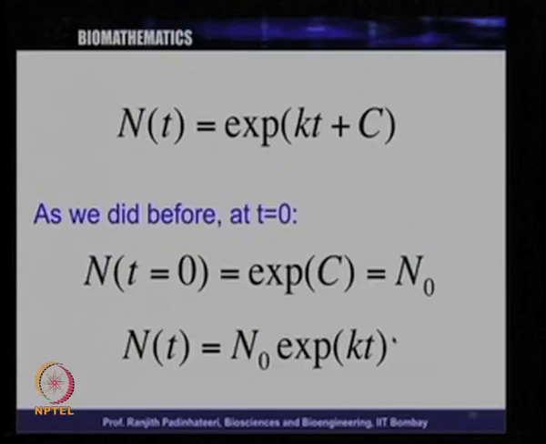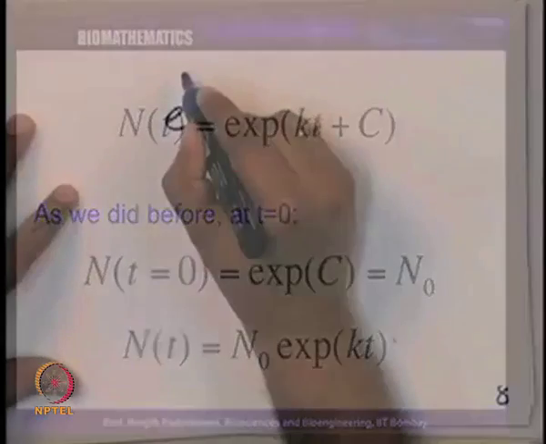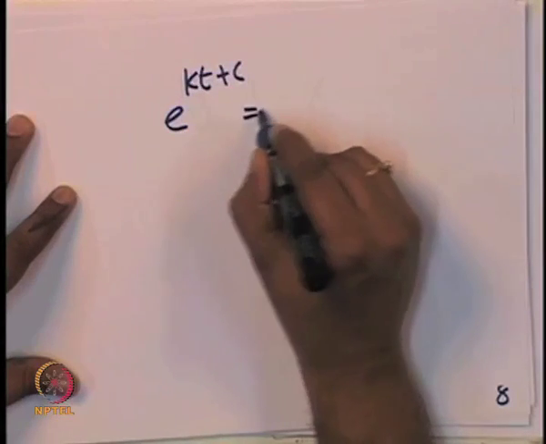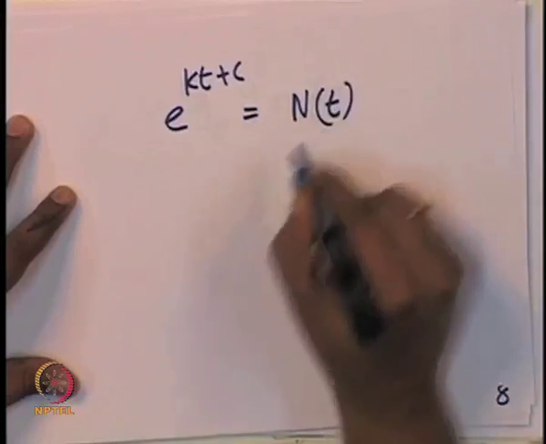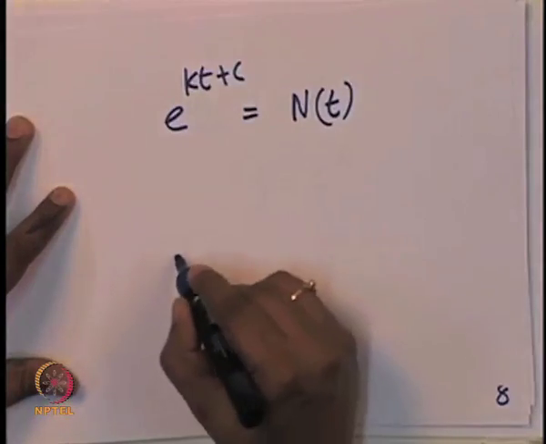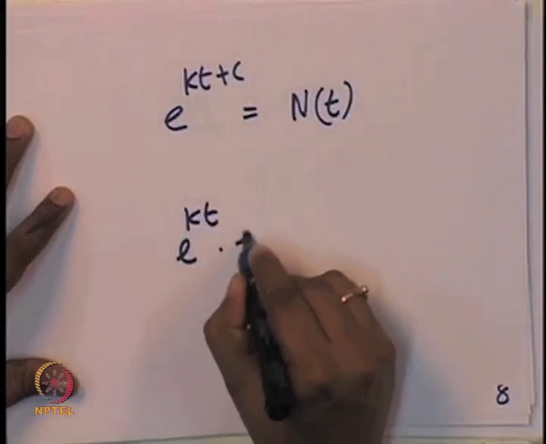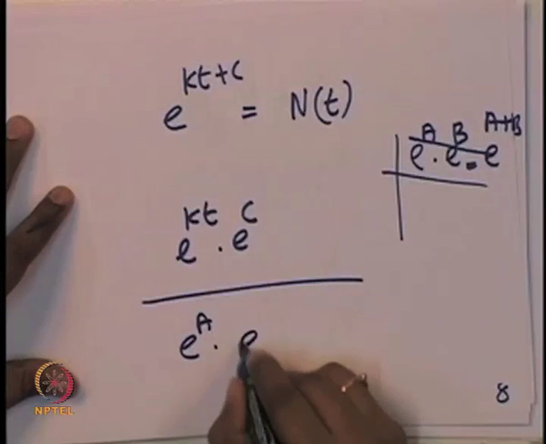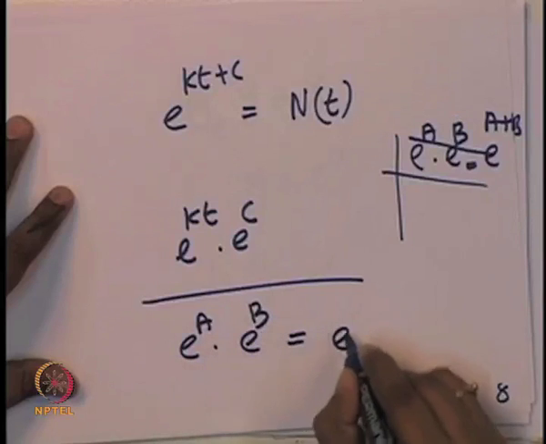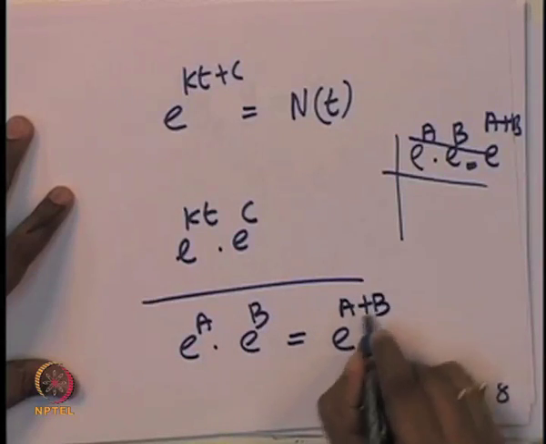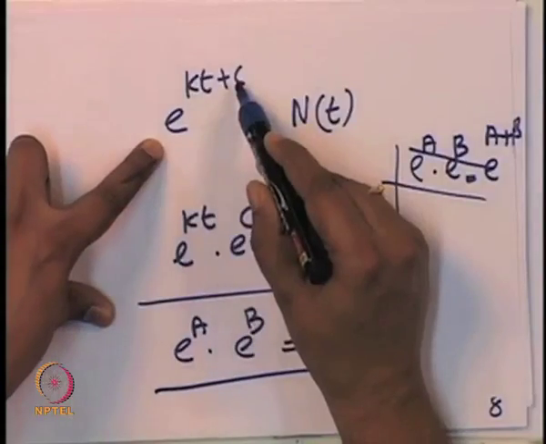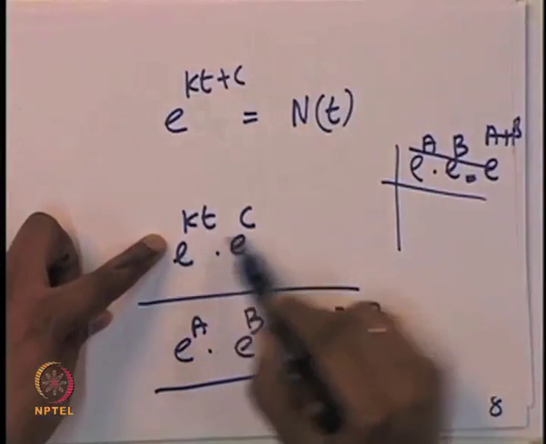So, you know the trick in mathematics: e power k t plus c is equal to n of t, that is what we had, and e power k t plus c can be written as e power k t into e power c. In mathematics, e power a into e power b is e power a plus b. So, knowing this identity, you can write e power k t plus c as e power k t into e power c.